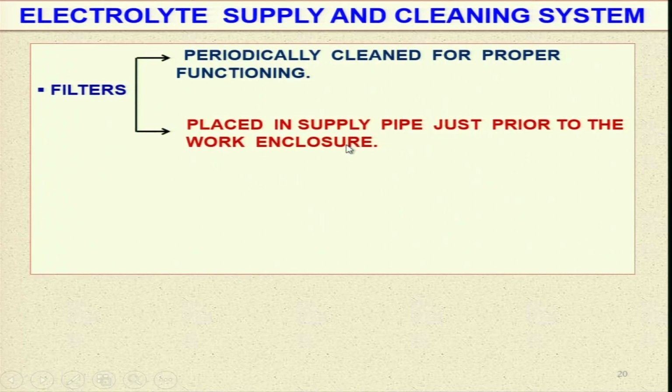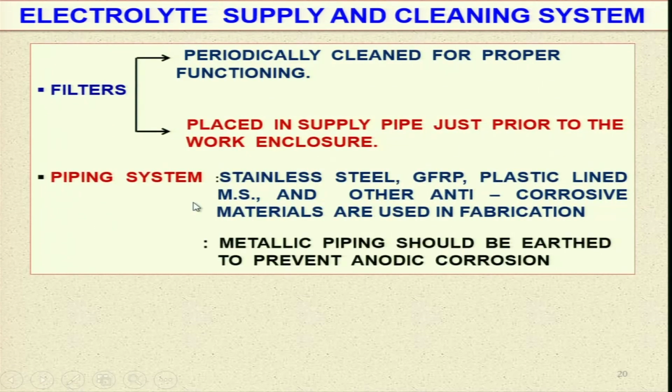The piping system is made of stainless steel, glass fiber reinforced plastic, plastic lined mild steel and other anti-corrosive materials that are used in fabrication. Metallic piping should be earthed to prevent anodic corrosion.